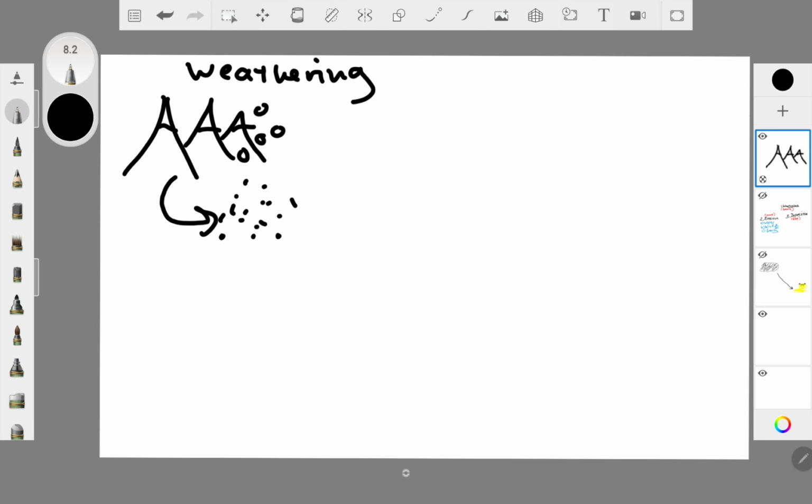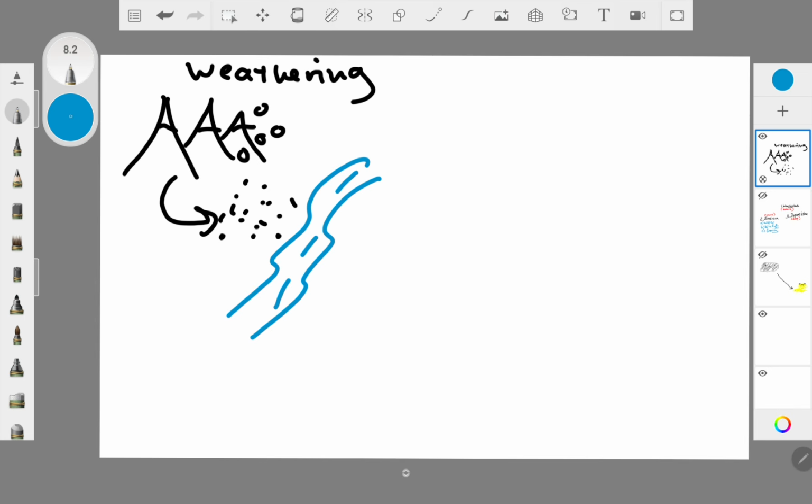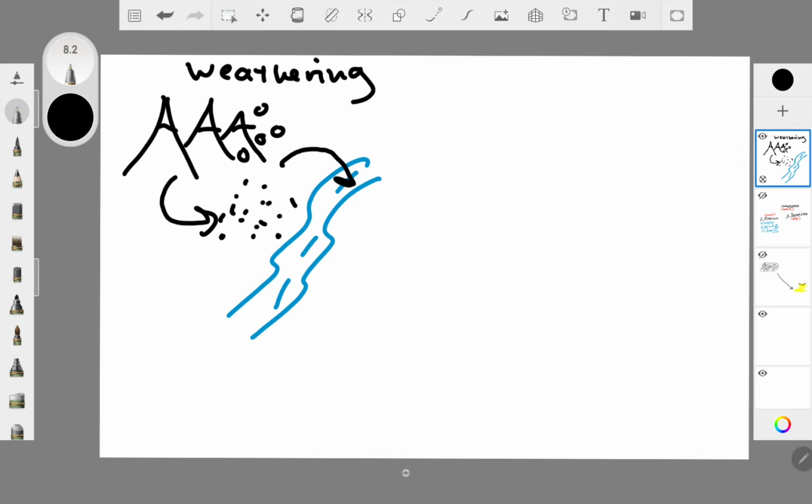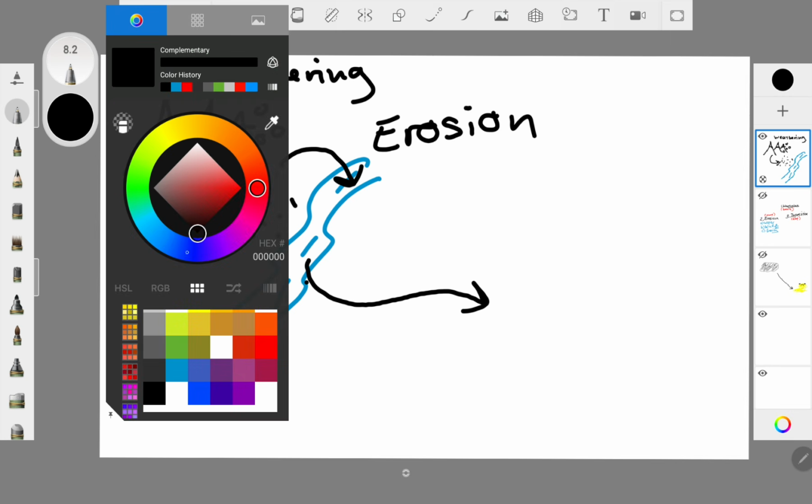There is a river running underneath the mountain. The sediment gets swept into the river. That would be erosion. Okay? The river carries the sediment to the end.